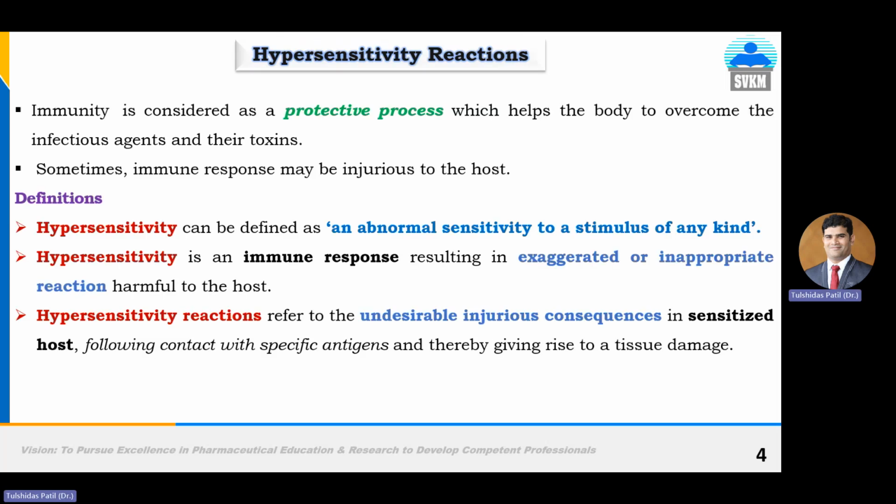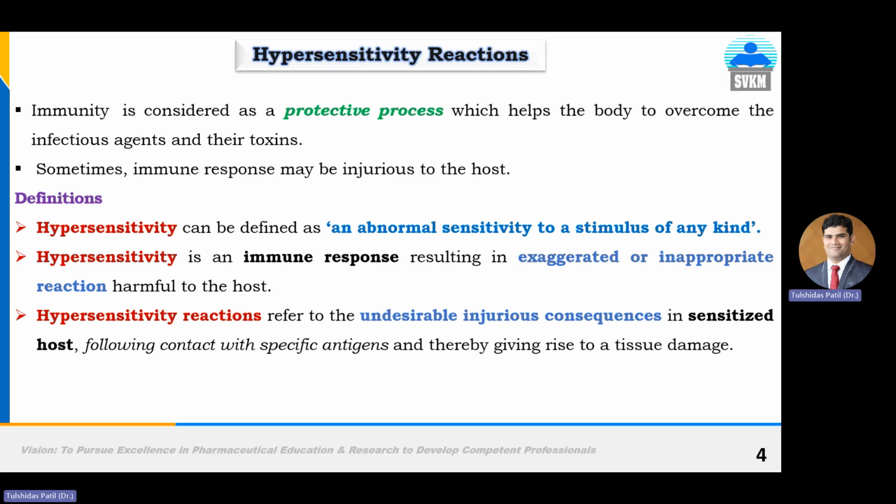First is hypersensitivity reaction. Everyone knows that our immunity is considered a protective process which helps our body to overcome various infectious agents and their toxins, but sometimes our immune response may be injurious to our host cells. When I consider hypersensitivity reaction, it can be defined in different forms. It is an abnormal sensitivity to a stimulus of any kind.